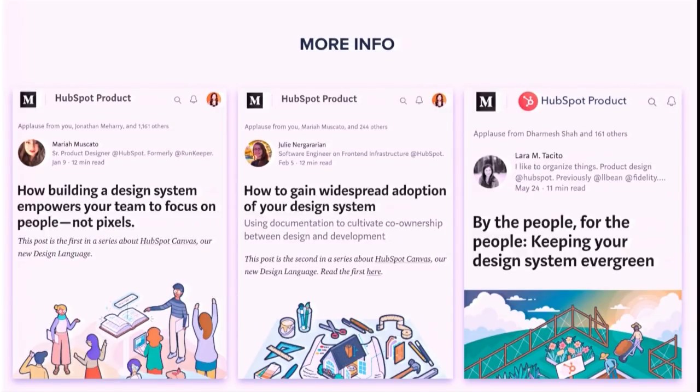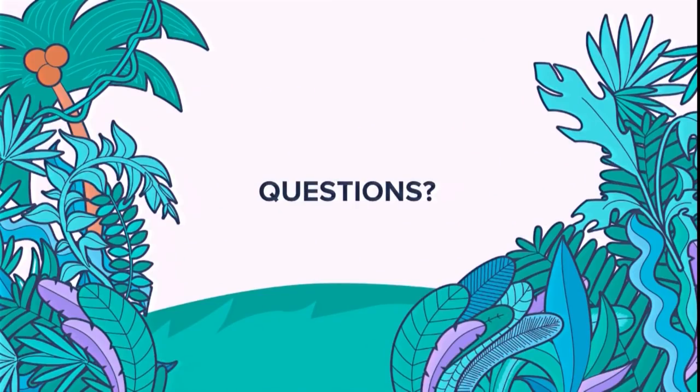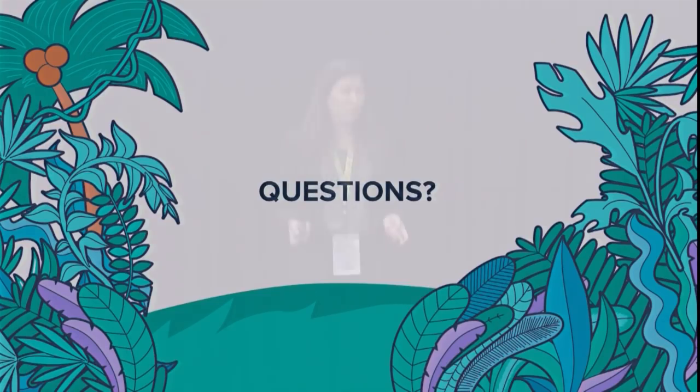Mariah's is more about the redesign itself. Julie's is more about the coded component library, and mine digs into the process a little bit more. And that is it. I wanted to leave time for questions. I don't know if you have any, but I know this can be a really fun topic to talk about.